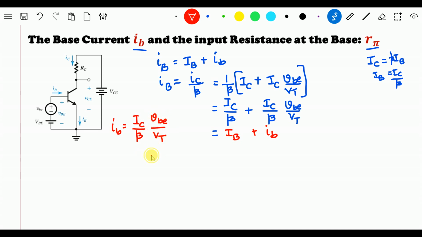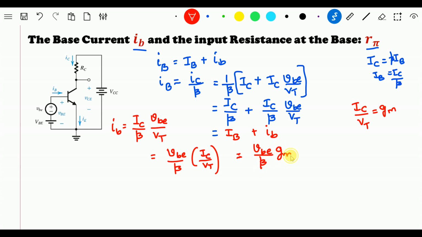We know that earlier IC by VT was equal to the transconductance gm. So IC by VT equals gm, and ib is vb by beta multiplied by IC by VT. Therefore this will be equal to vbe by beta into gm, that is vb by beta into gm.